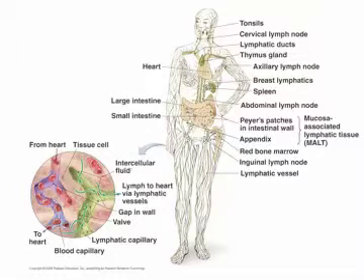So if you look at the bottom left-hand side of the screen, you can see a blood capillary with the red blood cells in it. And then there's tissue cells living in the interstitial fluid, and then you can see the lymph vessels with the green arrows denoting collection of interstitial fluid into the lymph capillaries.